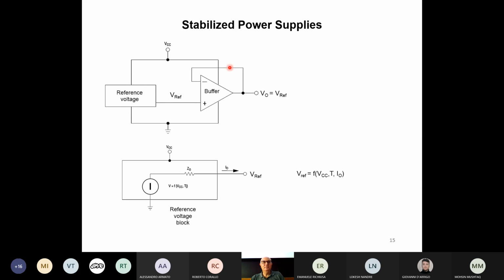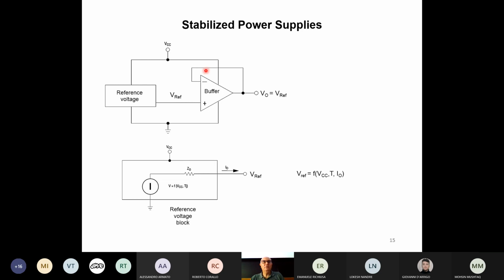Then we have a second step. We will see that the reference voltage circuits are okay. We are able to do them very well, but we cannot take current from those references because they are very delicate circuits. So if I want to get a lot of current at a certain voltage, I need a buffer. What is a buffer?